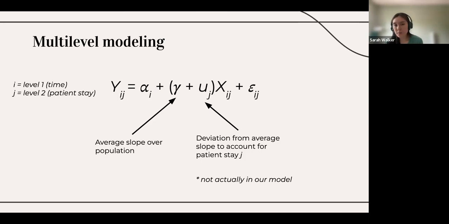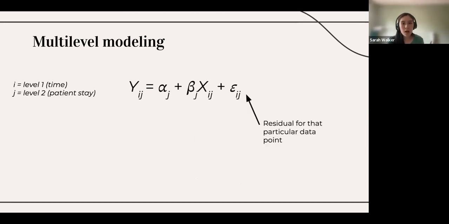We're not actually doing it like this because we don't include random effects for predictor variables, because it would mean that we expect some kind of linear deviation for each predictor variable based on patient stay, which might be possible, but is a little bit less useful overall than saying that each patient has some other individual factors that would affect the outcome as a whole, other than the predictor variables that we're including. And then, of course, we have residual for this particular data point.